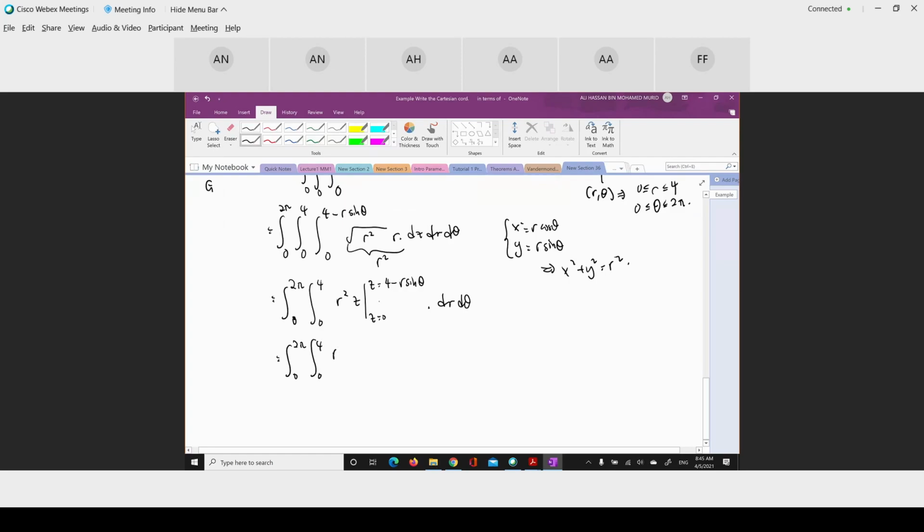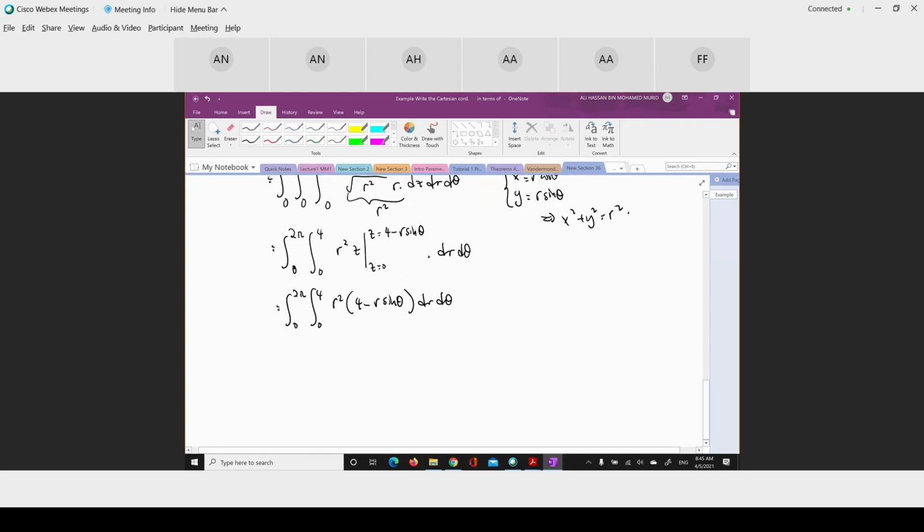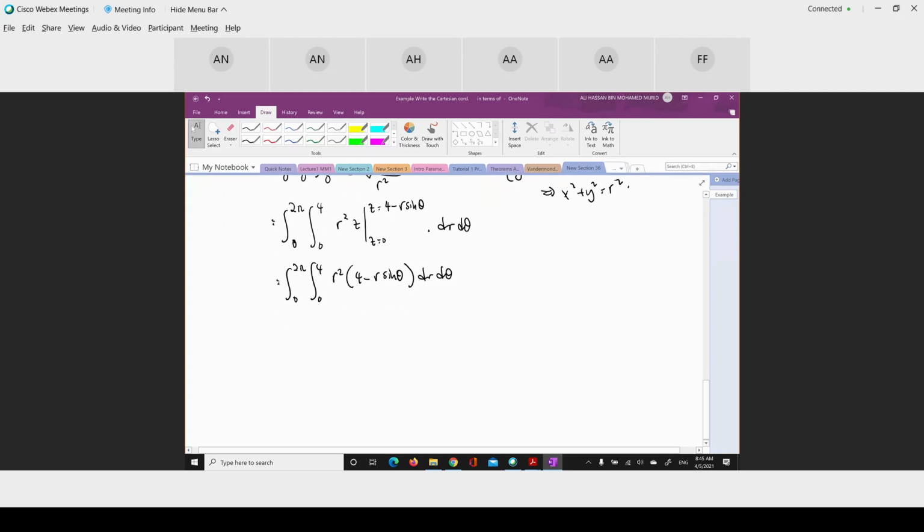First we replace z by 4 minus r sine theta. When z is 0, it's 0, so minus 0. Now it reduces to this double integral in terms of polar coordinates. First we integrate with respect to r.